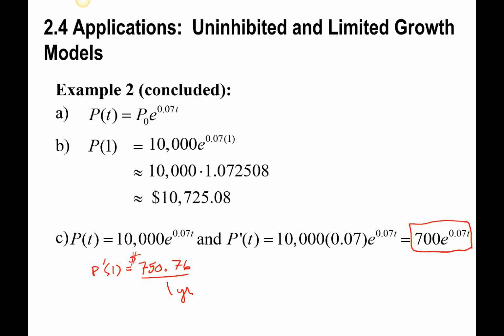Notice, as you move from 1 to 2, the amount you get is bigger than when you move from 0 to 1, isn't it? And the reason it's bigger is because you're also getting interest from the 700 bucks the first year. So you're getting interest on the first year's interest, as well as interest on the $10,000. So the amount of interest that you get paid every year is going to be bigger than the year before, isn't it?